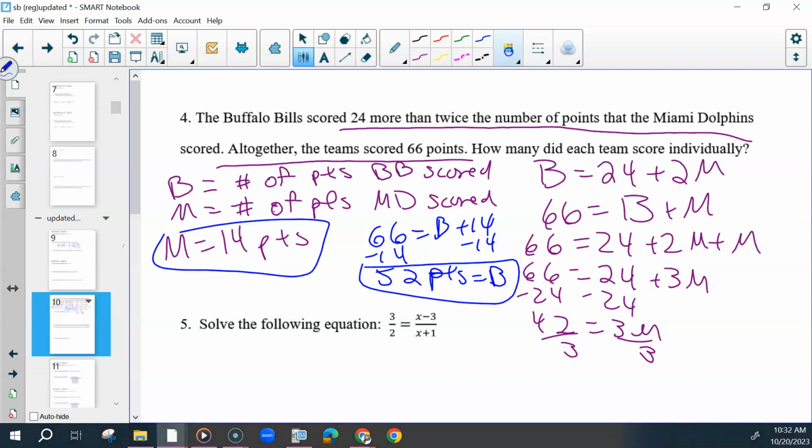What questions do we have on that one? Remember that if you need to, you can always switch numbers so that you have more space to write.